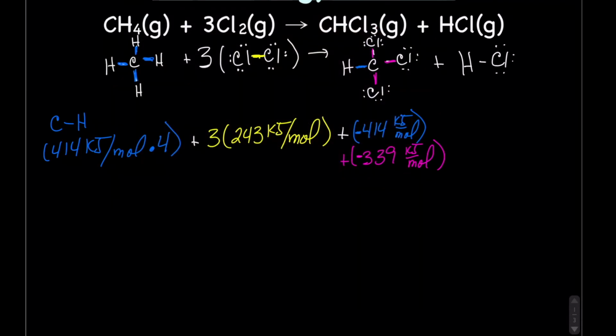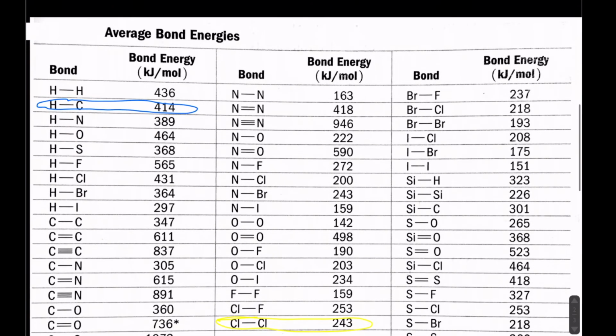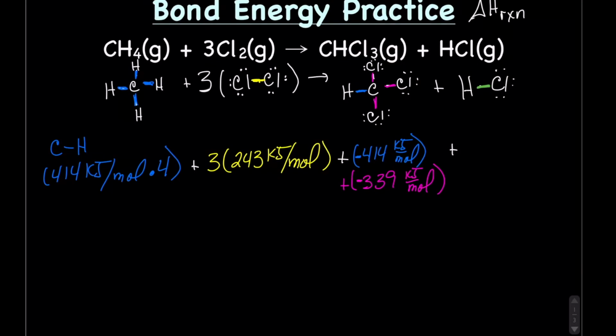And our last molecule is HCl, our HCl bond here. And let's see, that is 431 kilojoules per mole. And again, we just made that bond.